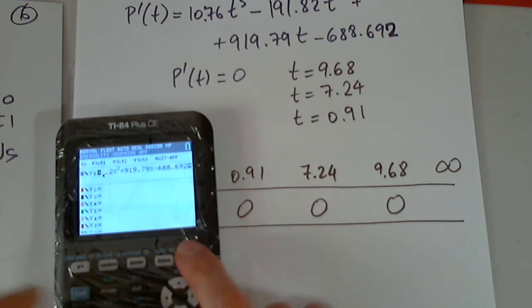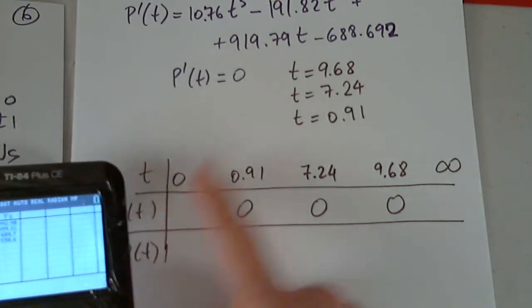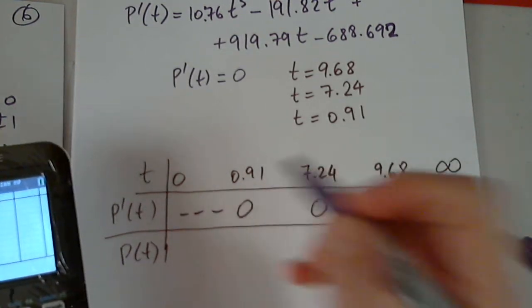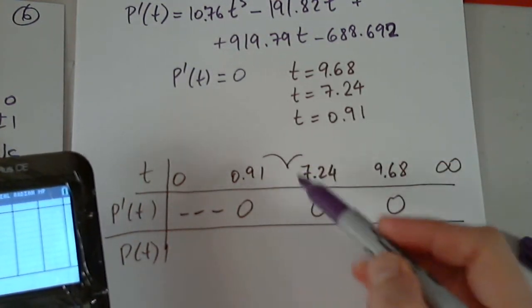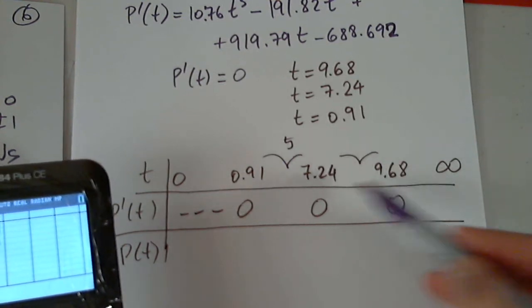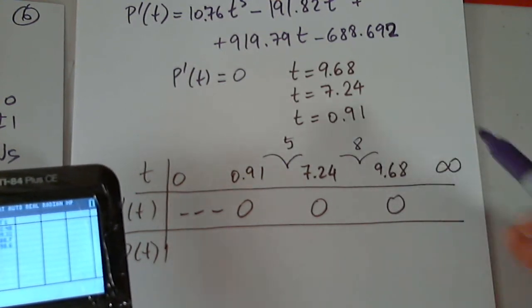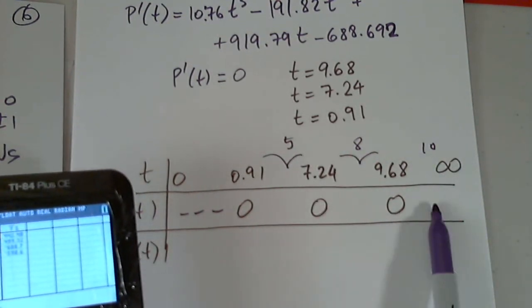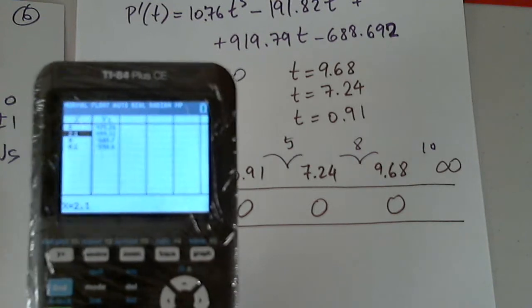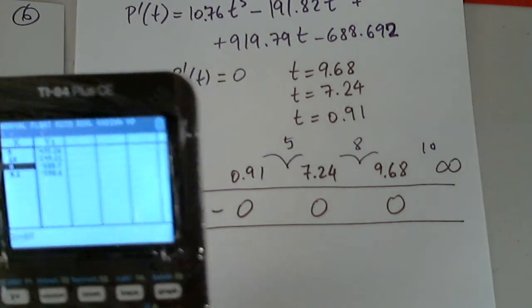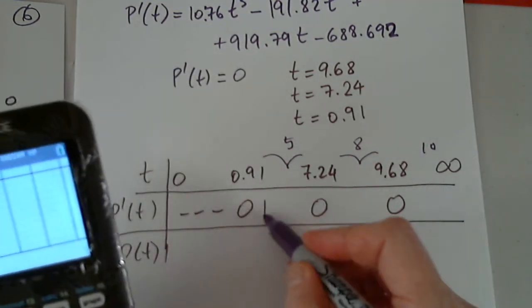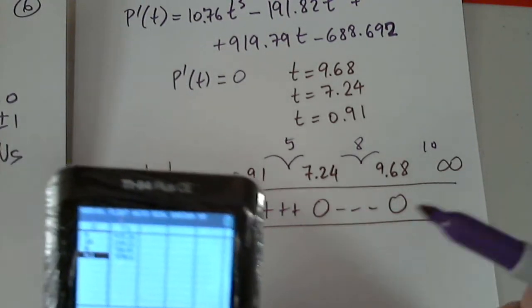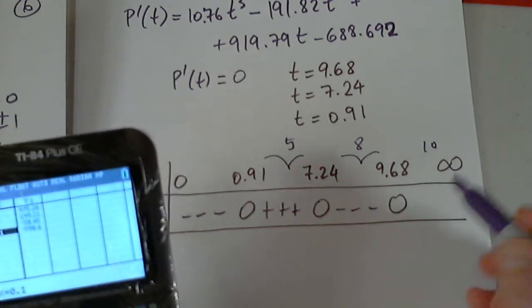Then in the second table, I will plug in 0, which I know is going to be a negative number, so I don't need the calculator for it. I will plug in a number in between, let's say 5, then 8, and 10, to study the sign. For 5 it is positive, for 8 it is negative, and for 10 it is positive.